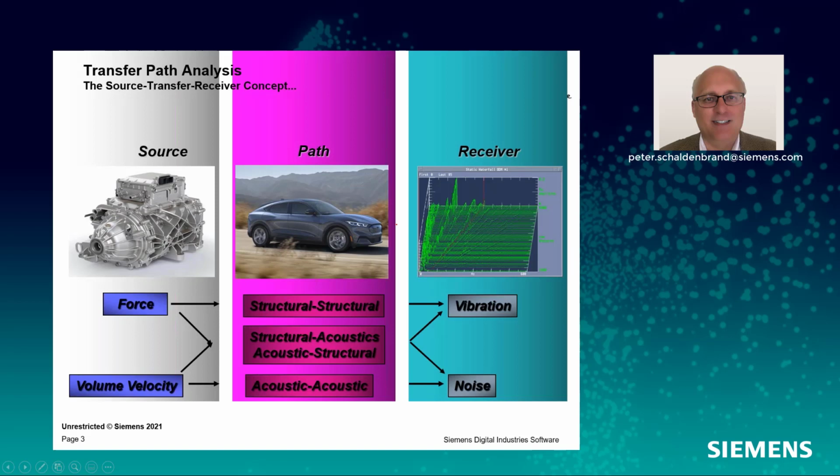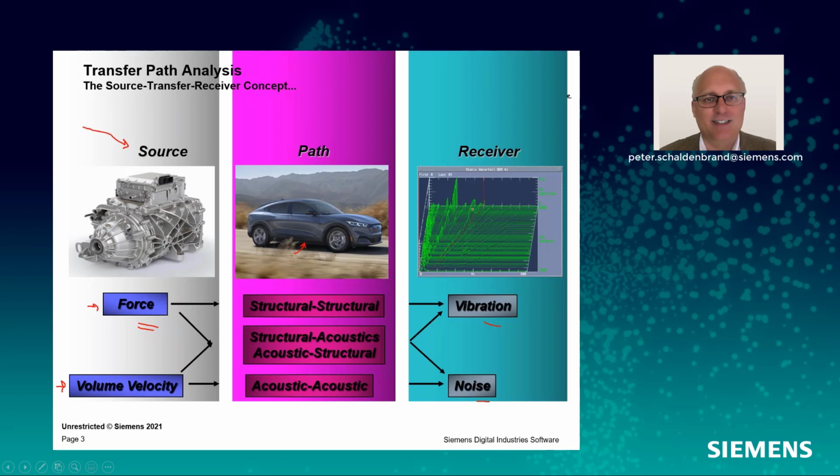And to do it, you just need to break down the problem into two key things. You have to identify the source that's generating this unwanted noise or vibration. And that source is outputting some sort of force into a structure that holds it, right? That force can be structural or it can be acoustic, so it can get into our structure either way.